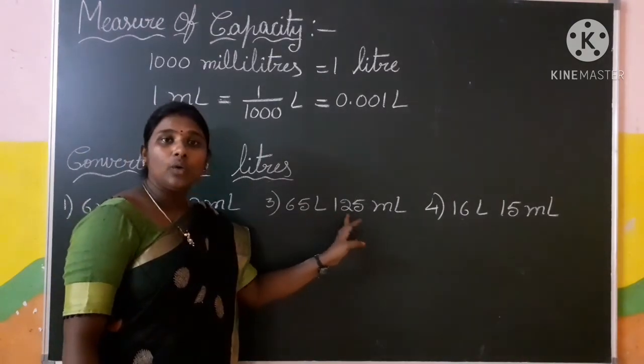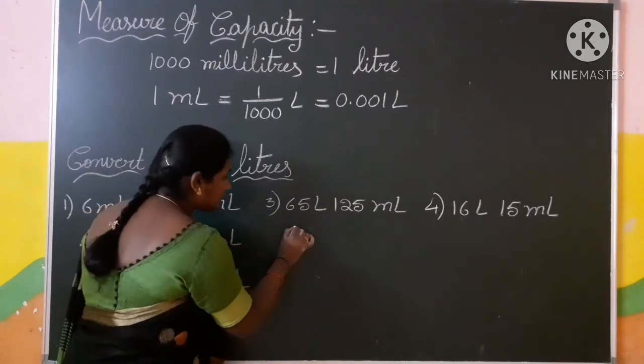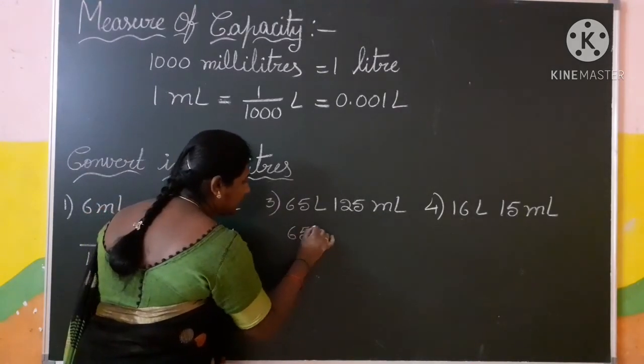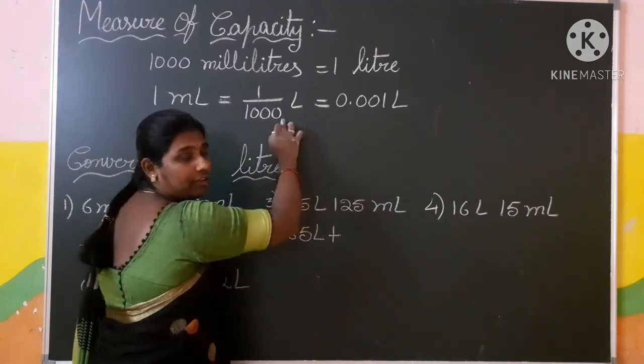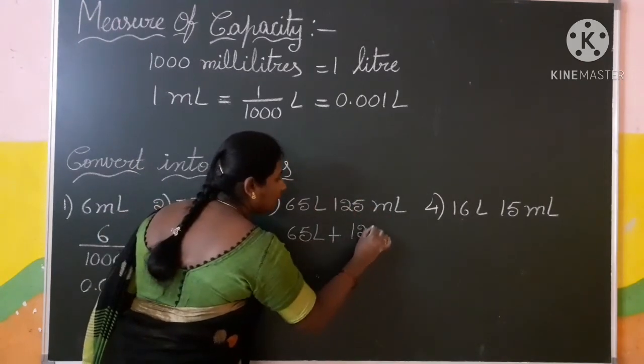Next 65 liter, 125 milliliter. 65 liters write as it is, plus 125 milliliters, 125 by 1000 liters.